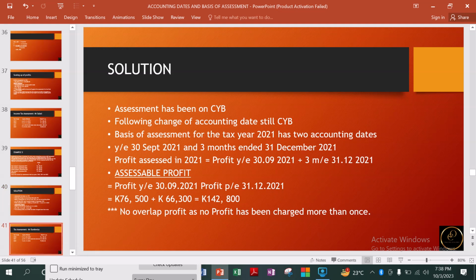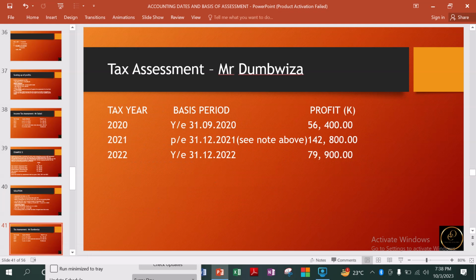Again, the tax assessment for Mr. Dumbwiza. We have the tax year, the basis period, and the profit involved. Now when we look at this, we have 2020, year ended 30th September 2020, 56,000.